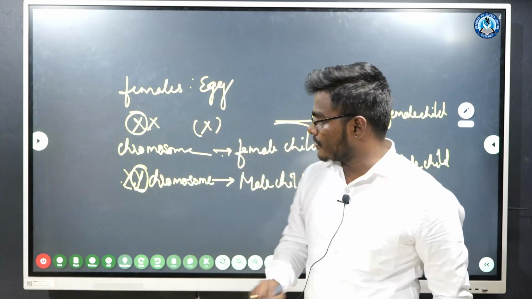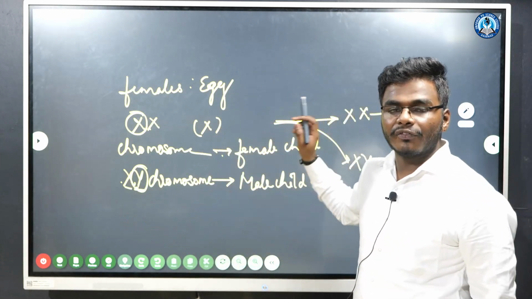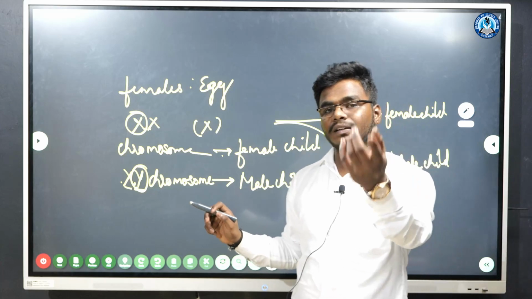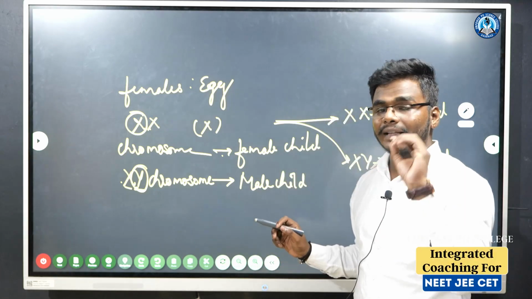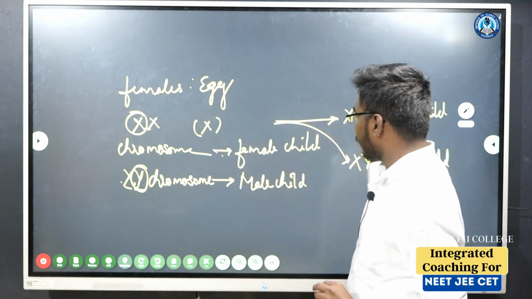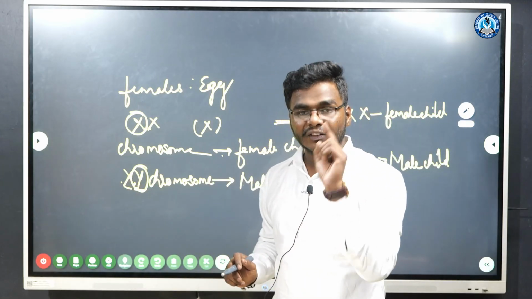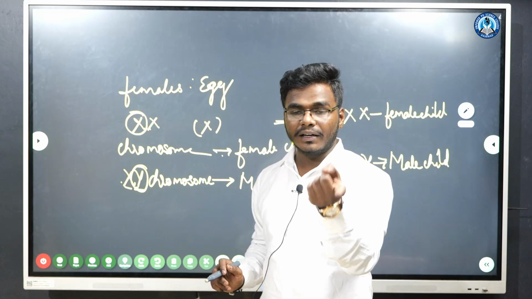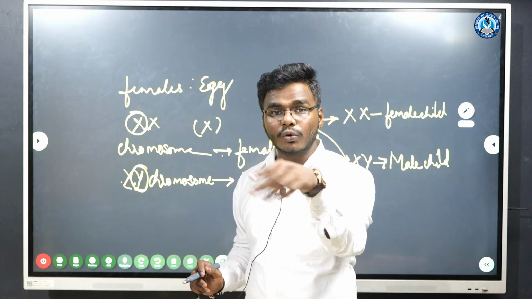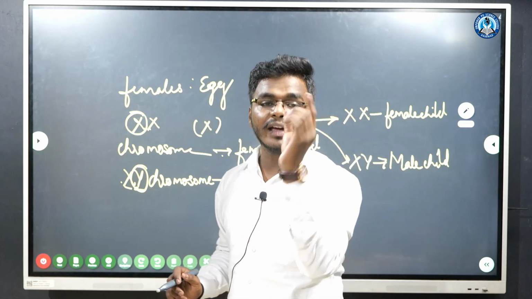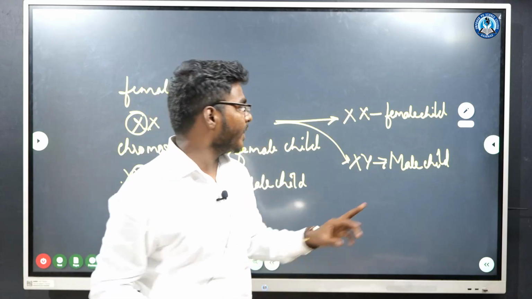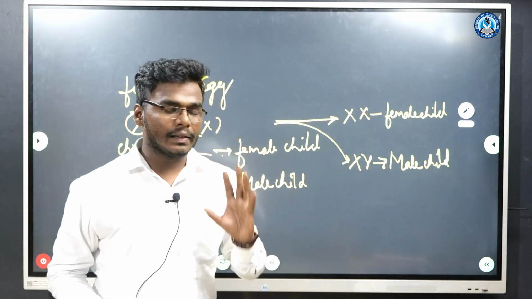If the male gives X and the female gives X, then the gender of the baby is female. If the male gives Y and the female gives X, the condition will be XY, heterozygous condition, then the resulting gender will always be male.